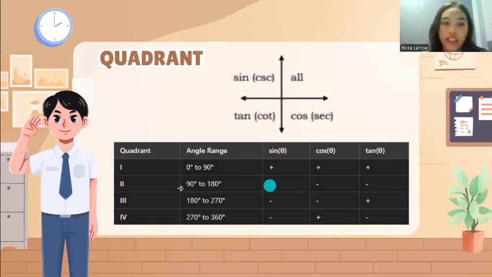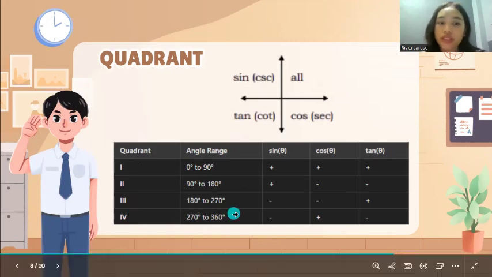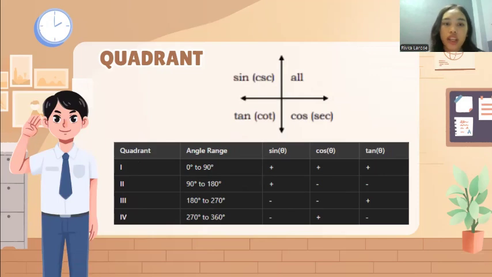In quadrant 3, the angle range is 180 to 270 degrees, sine theta is negative, cosine theta is negative, and tan theta is positive. Last, for quadrant 4, the angle range is 270 degrees to 360 degrees.